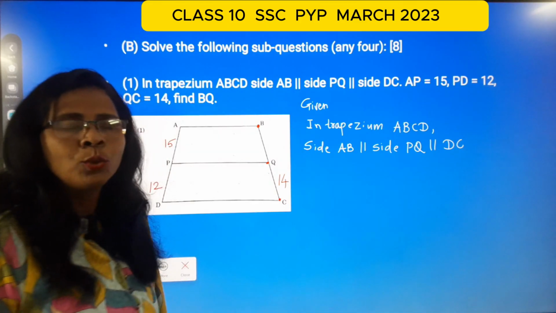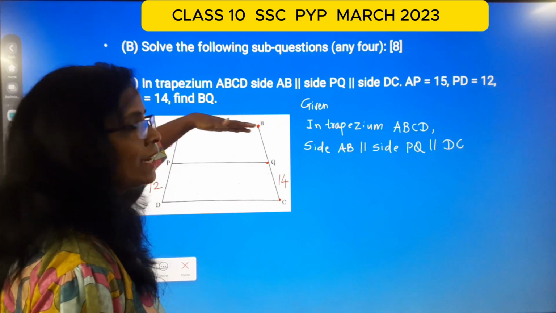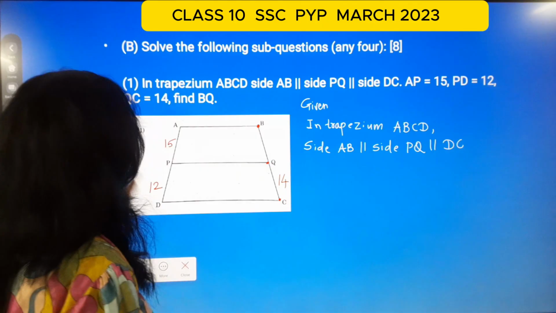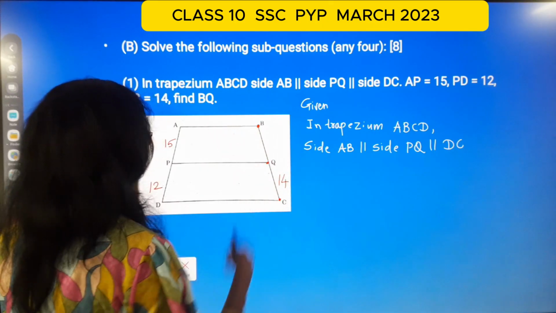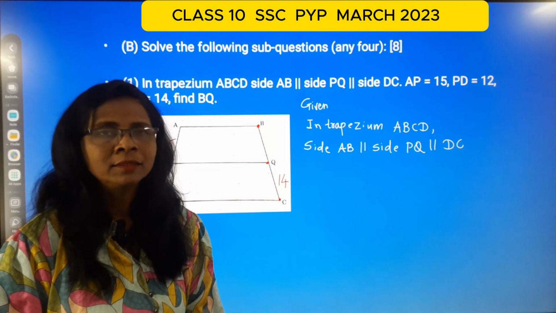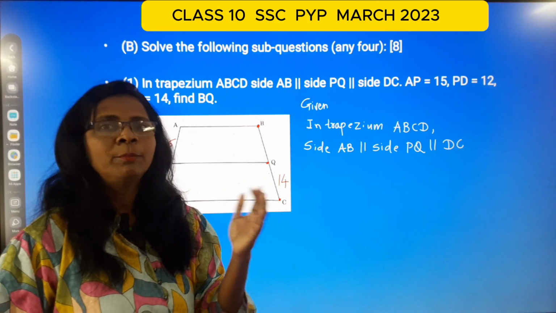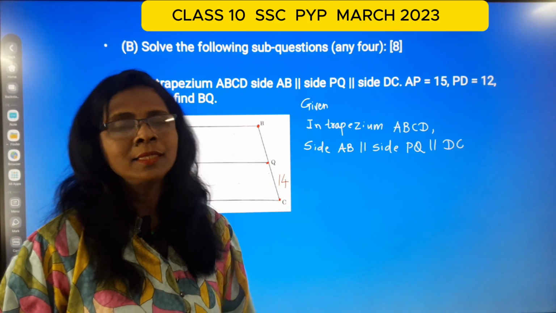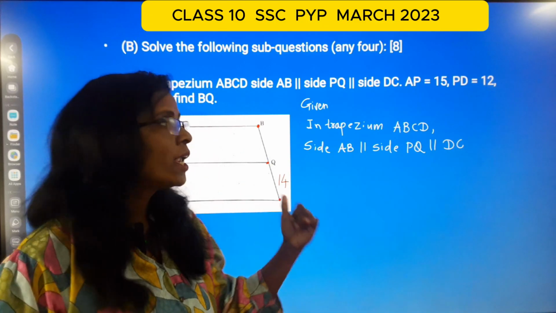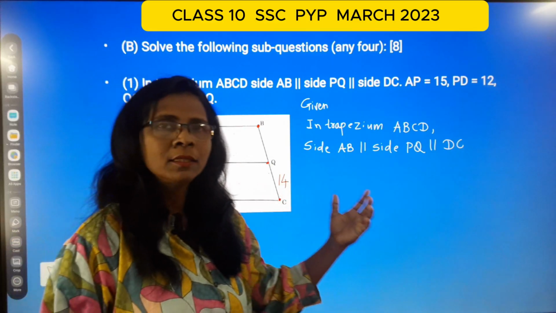That means these are the 3 parallel lines, and AD and BC are the two transversals. So here we can use the property of three parallel lines and their two transversals. We can solve this example by this method.